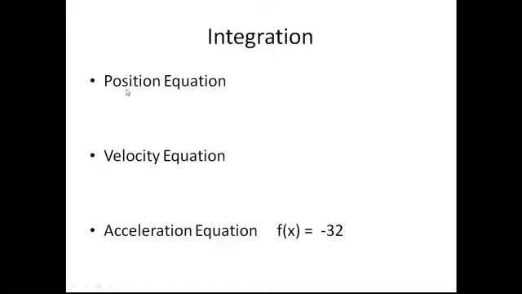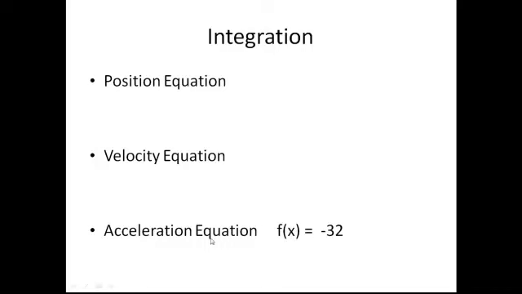So we could take that position equation, differentiate it, and get the rate of change of that object, which, as we all know, for a moving object would be its velocity. What's its speed? What's its velocity? Then we could further find the acceleration. So now, let's say we know the acceleration. Well, what integration allows us to do is work backwards. We can then find the velocity and the position because they're all related.